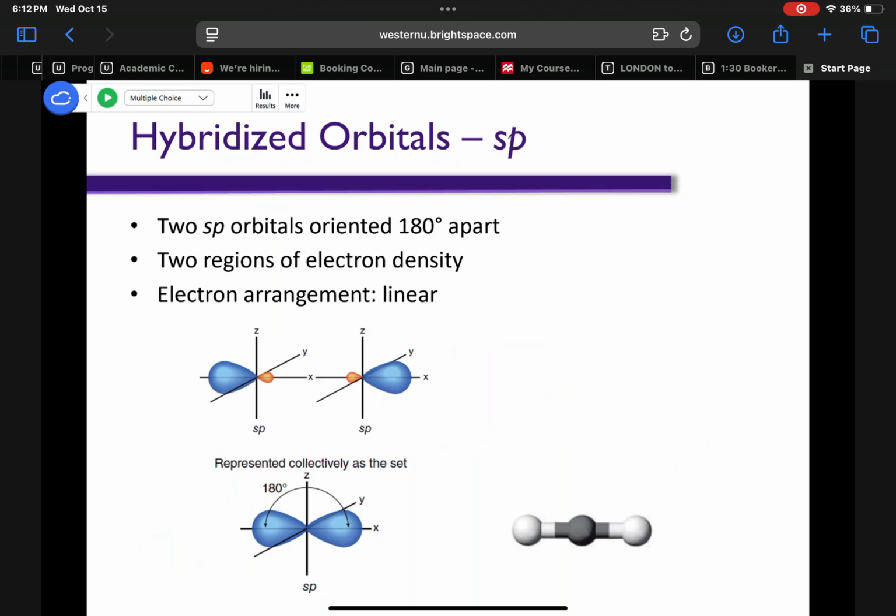The bond angle between these 2 orbitals, notice they have a big fat lobe and then a small lobe of opposite phase. When we bring them together, it just gets kind of annoying to draw the small oppositely phased piece. So we usually just draw the larger piece, but we need to know it has that other opposite phase. And we can see they're oriented 180 degrees apart. It gives us a linear structure.